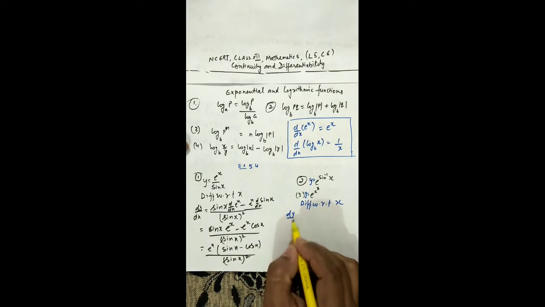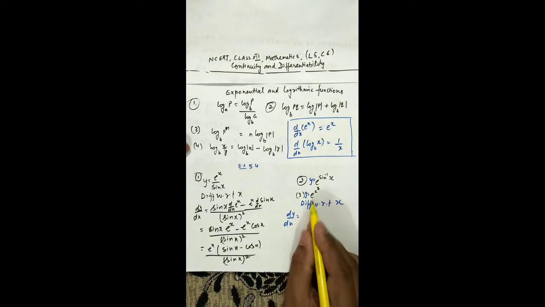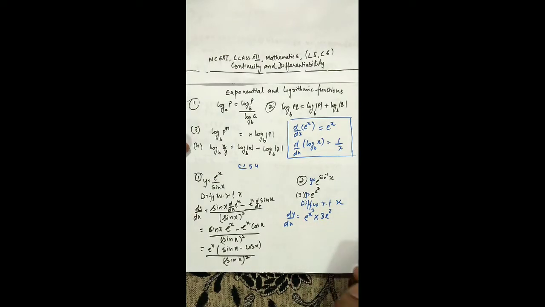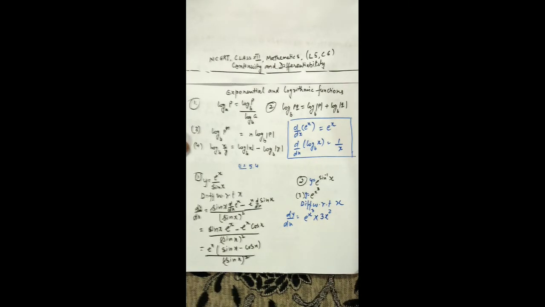First you differentiate the exponential function, so e^(x cube) stays as it is, and by the chain rule x cube has to be differentiated, which gives 3x square. This is the final answer, and this is how you can differentiate the exponential function when it comes as a composition of two functions.